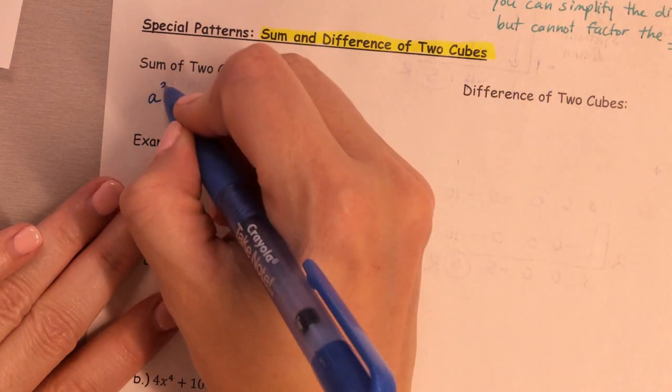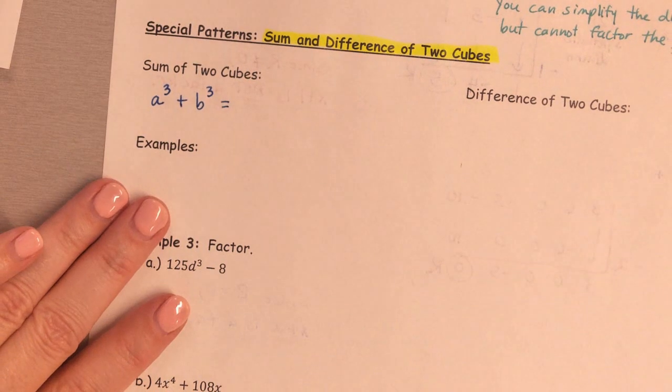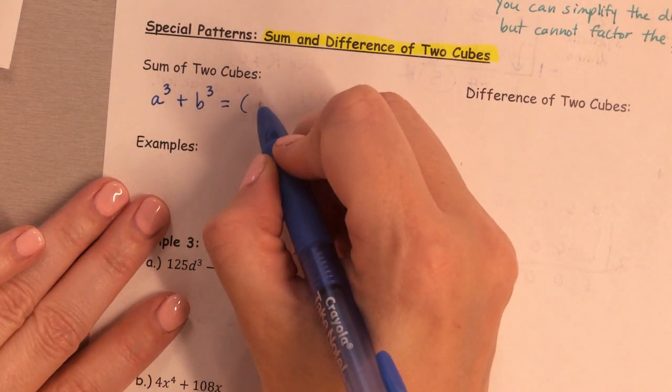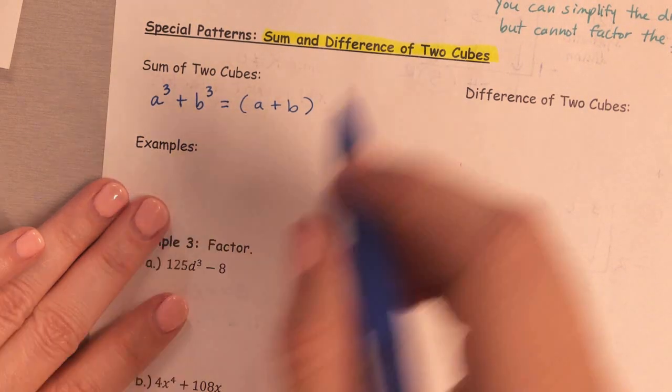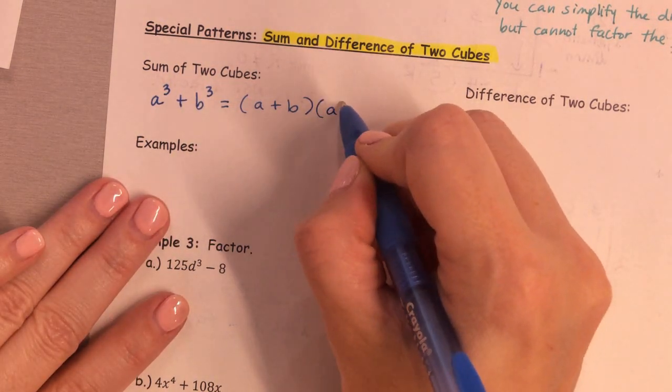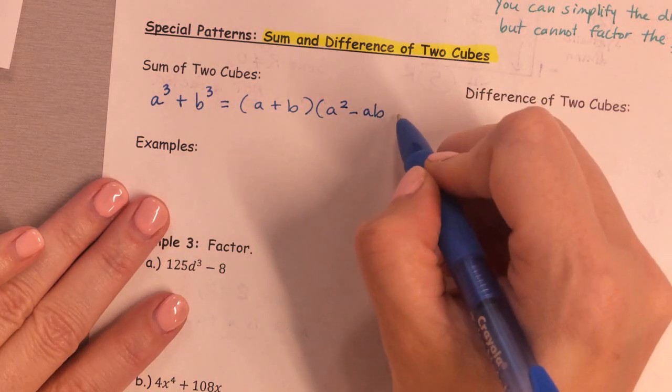So if there's a number cubed plus another value cubed, you can break it down into the factor a plus b multiplied by the factor a squared minus ab plus b squared.